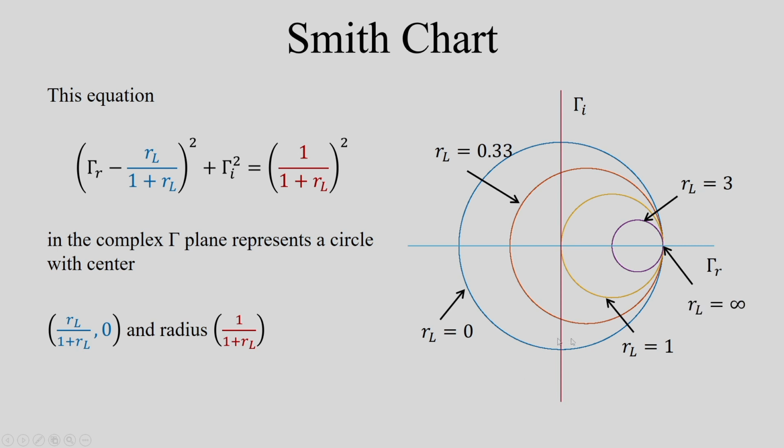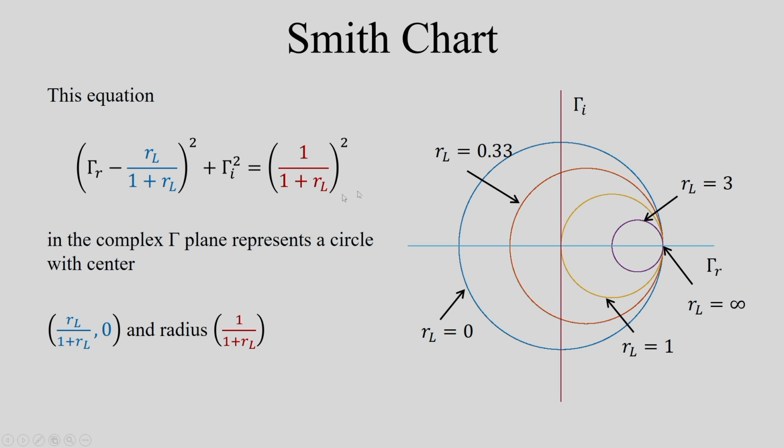Finally, we observe that as the value of RL increases, the radius decreases, and finally, when RL tends to infinity, the circle becomes a point here. And for RL equal to 0, we get a circle in the gamma plane with radius equal to unity.